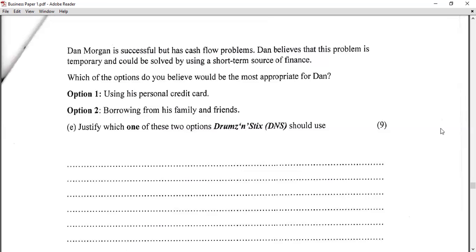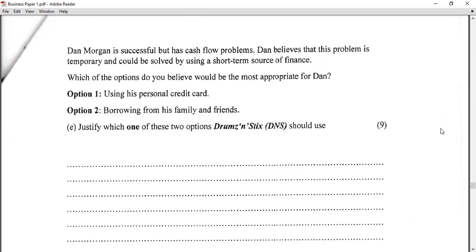So that's a problem. So give two advantages. It's more flexible and you can do online transactions. You can quickly settle it, and there is also an interest-free time period. You can say that also. For Dan, he can settle quickly and the interest-free time period is also offered. Therefore, that benefit is there in order to settle the bills for the suppliers for the drums.